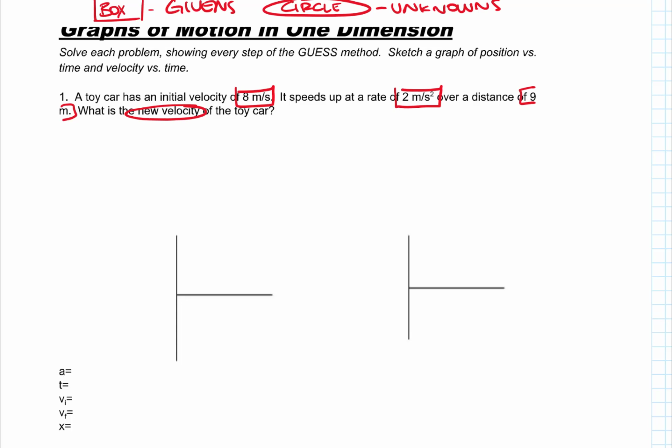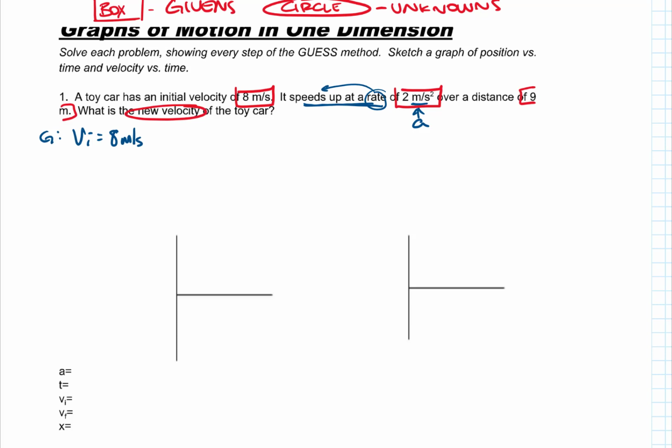So, givens are going to be a little bit easy, right? It right away tells us that the initial velocity is 8 meters per second. Then it says it speeds up at a rate of 2 meters per second squared. This is going to be the acceleration, and two things tell me that. One, speeds up at a rate: rate of speeding up by definition is acceleration.